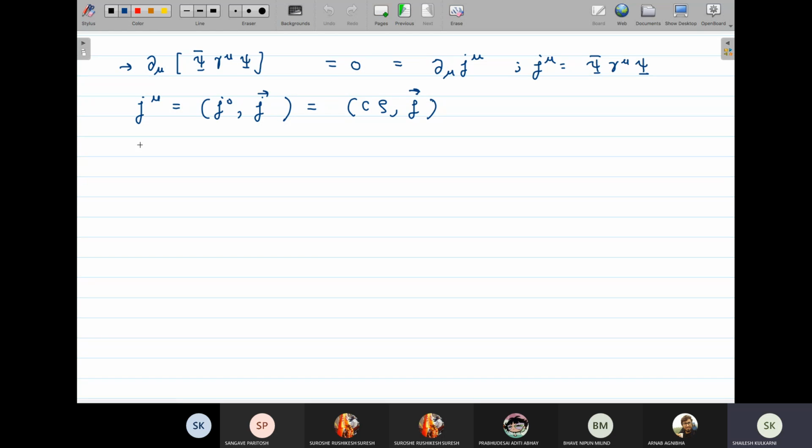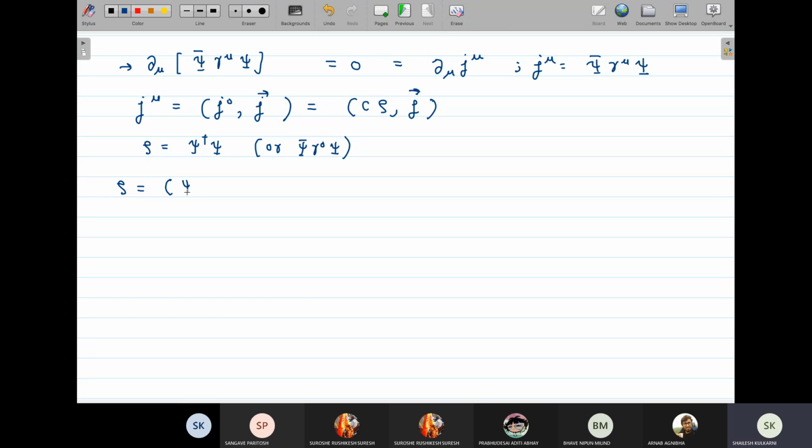Now you see the expression for rho is psi dagger psi, or you can write this as psi bar gamma 0 psi. This quantity, if you evaluate explicitly, take any psi.